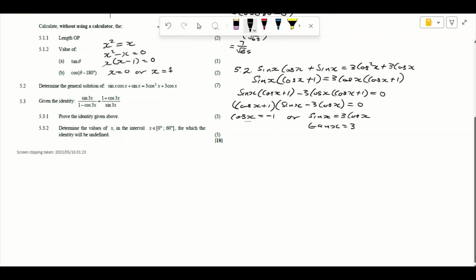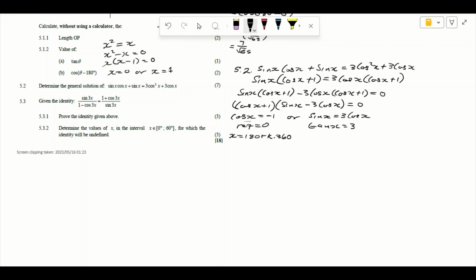Reference angle of negative 1 is equal to 0. So now the general solution is going to be 180 plus k times 360, because now cos is negative on quadrant 2 and 3, which is 180 plus 0, 180 minus 0, and which is the same as 180 plus k times 360, right?